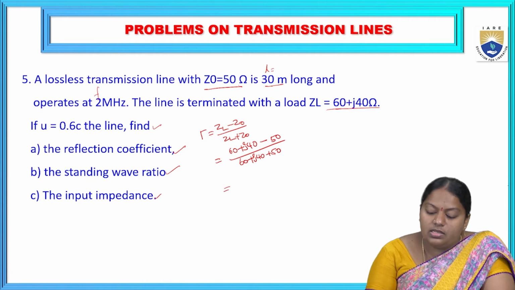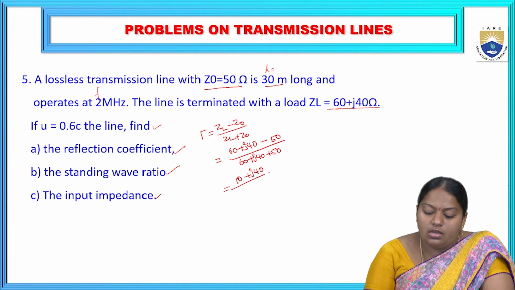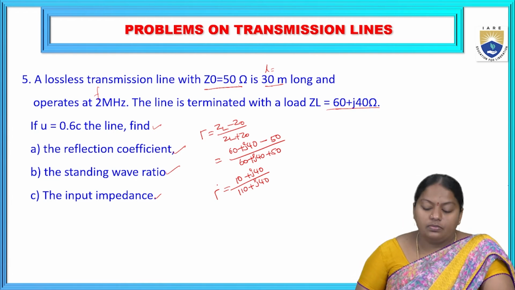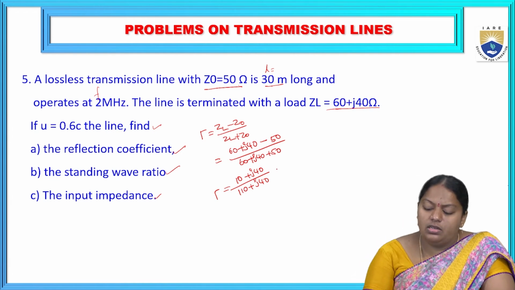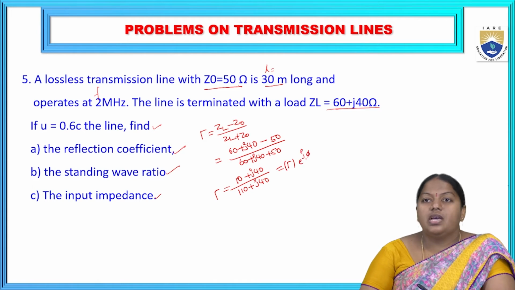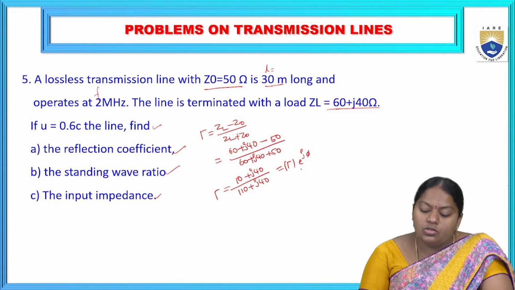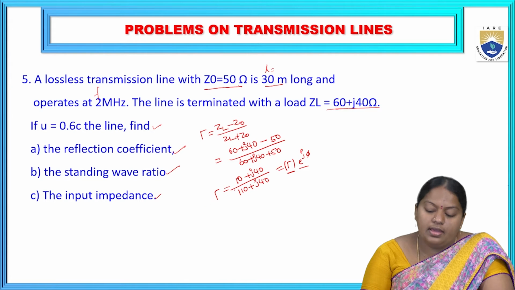Upon simplifying, 60 minus 50 becomes 10 plus j40 by 110 plus j40, obtained as gamma. But this gamma can be written in terms of magnitude and phase as modulus of gamma e power j phi.